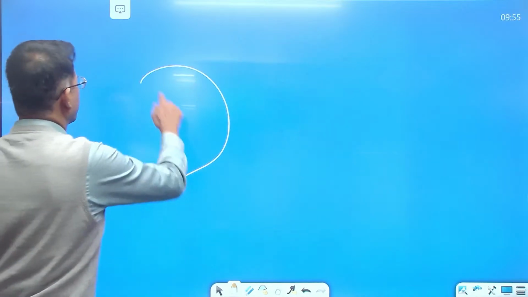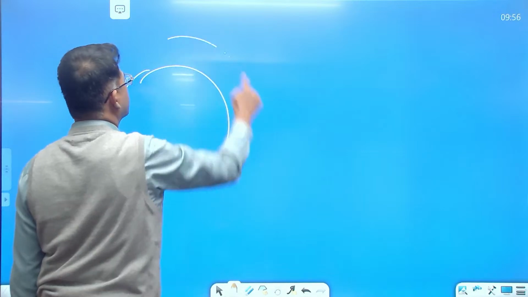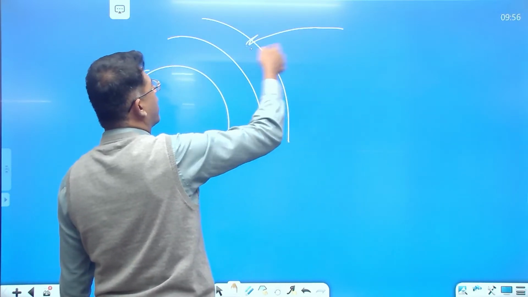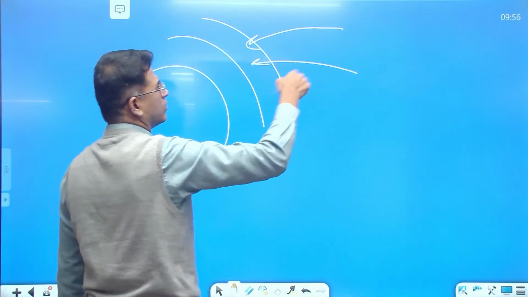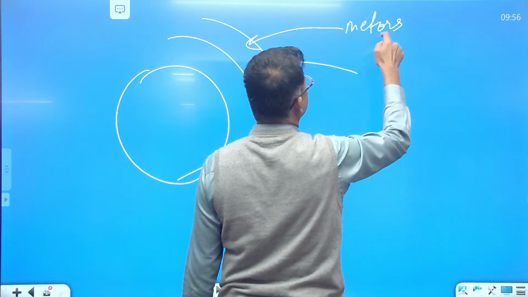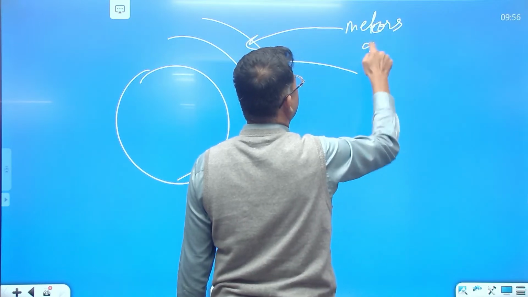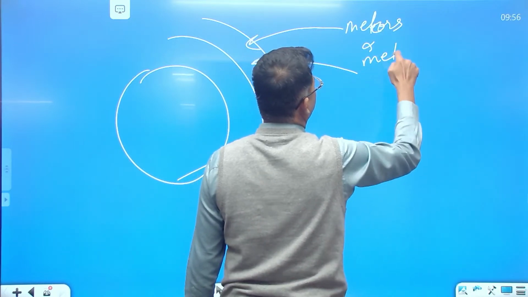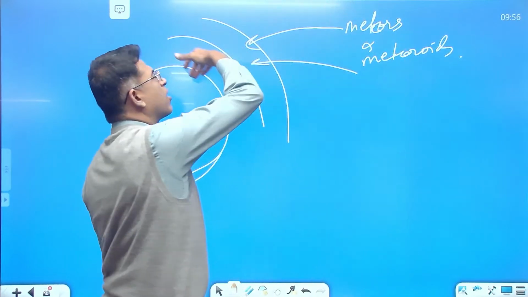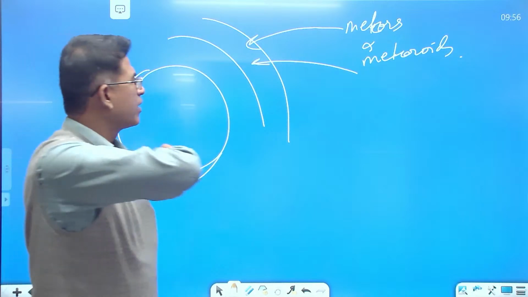Now I have our Earth here. Earth has an atmosphere, and Earth is constantly bombarded by a lot of rocks. We call these rocks meteors and meteoroids. They are in space, and they constantly attack the Earth.